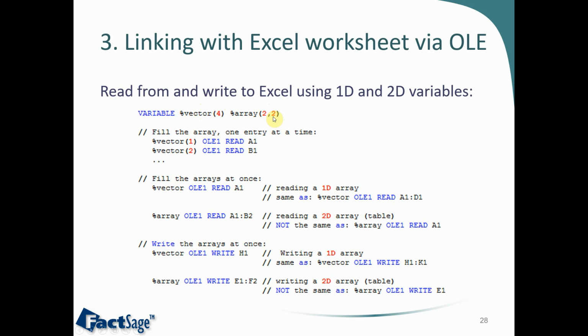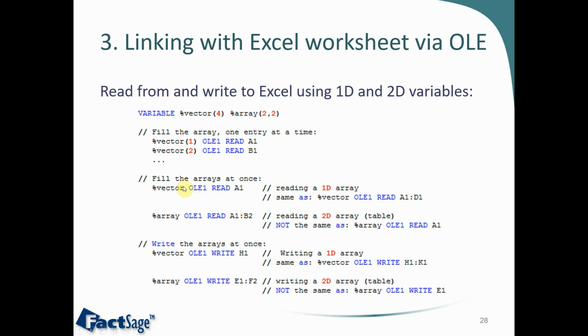We can, of course, fill these variables one entry at a time by specifying the variable entry, so vector first entry A1, second entry B1, and so on. However, this will become slow when the number of Excel connections becomes large. So a more efficient way is to call the entire vector, meaning all its entries at once. To do that, we basically omit the position.